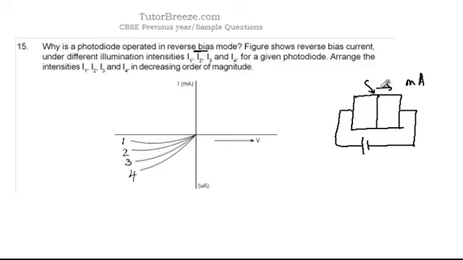Now, when an optical signal is incident, then electron hole pairs are created due to this signal, and a small amount of current in microamperes would get added to the already flowing majority current. Now this small current is extremely difficult to detect.